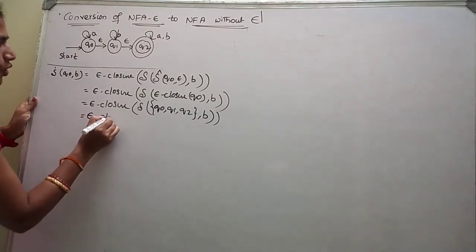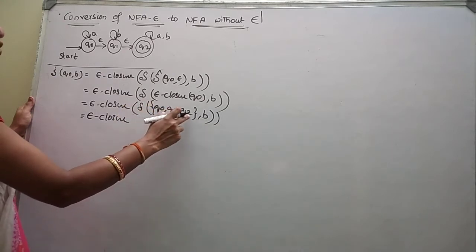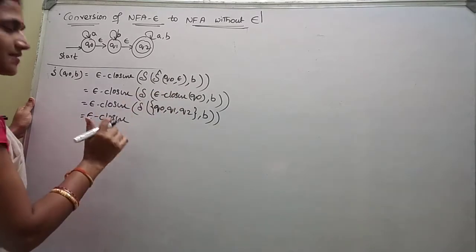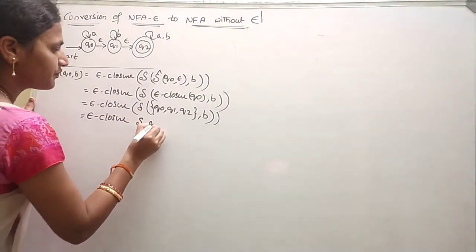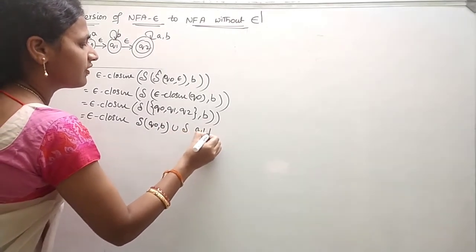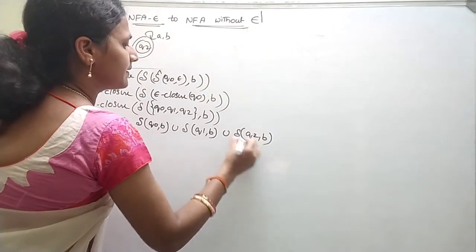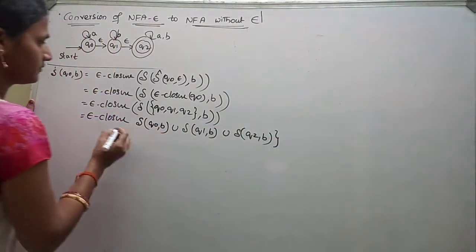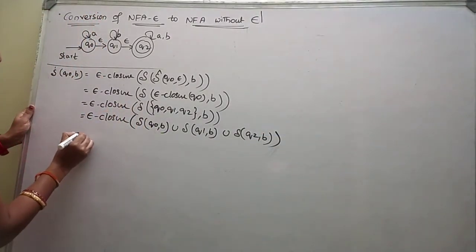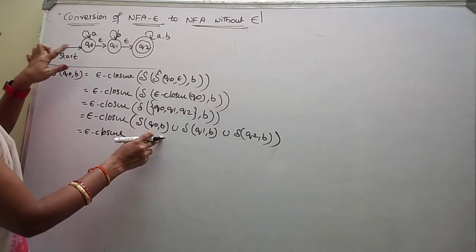Now, what is delta of Q0, Q1, Q2 by getting input symbol B? We just take the union of those transitions: delta of Q0 comma B union delta of Q1 of B union delta of Q2 of B. This can be written as epsilon closure of, what is Q naught of B here?